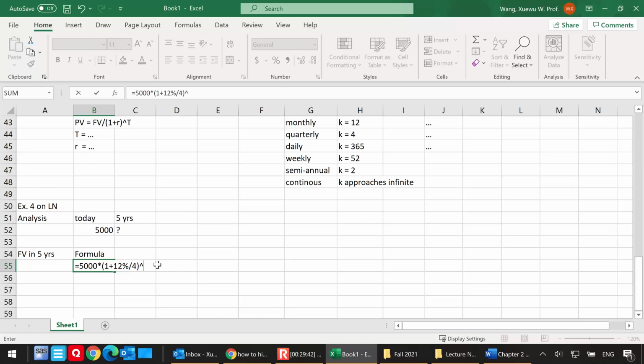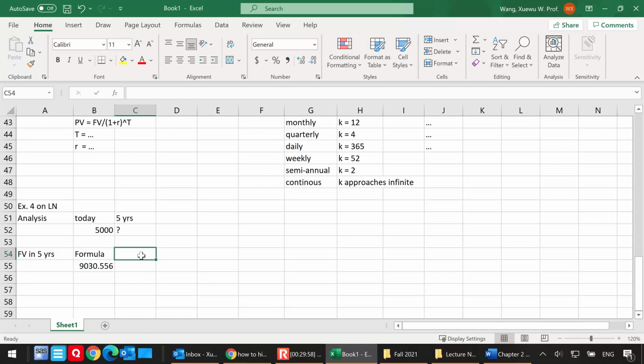So 12% over 4 raised to the power of k times t, which is 4 quarters in a year times 5 years. So that's 20 quarters. So that is $9,030.56.